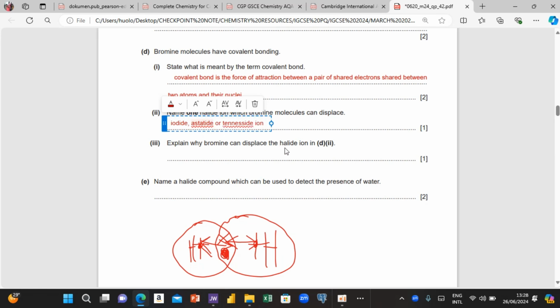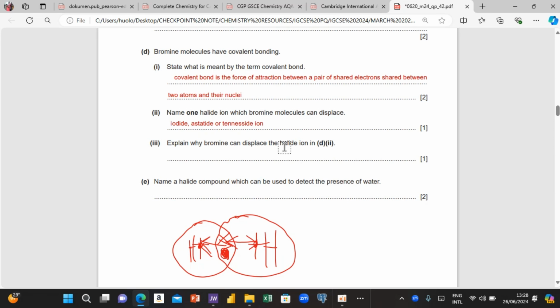Any one of these you pick, iodide ion, astatide ion, or the tennesside ion, bromine will displace. Just pick one and you get your answer.